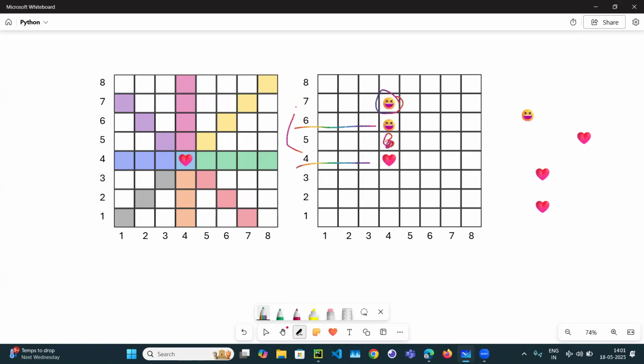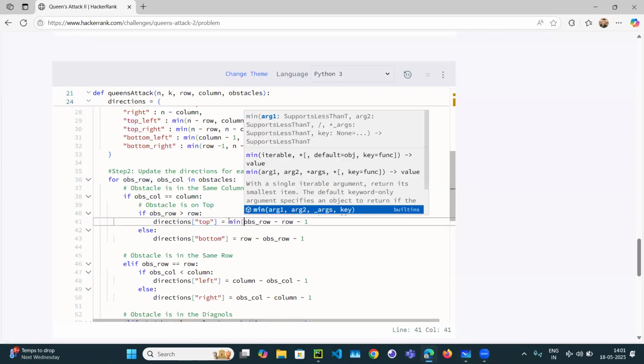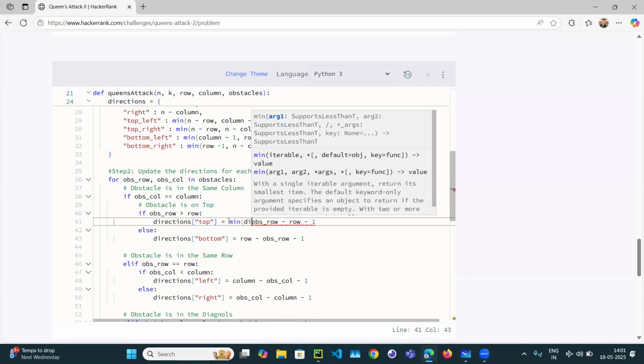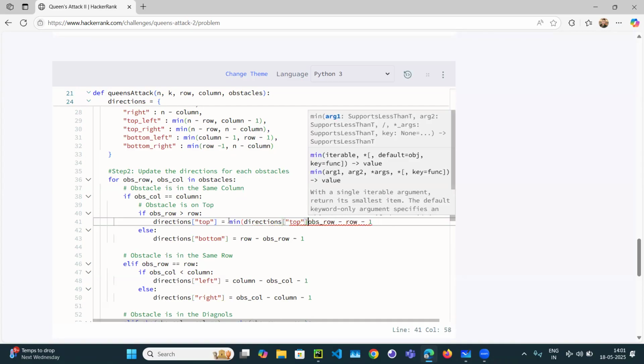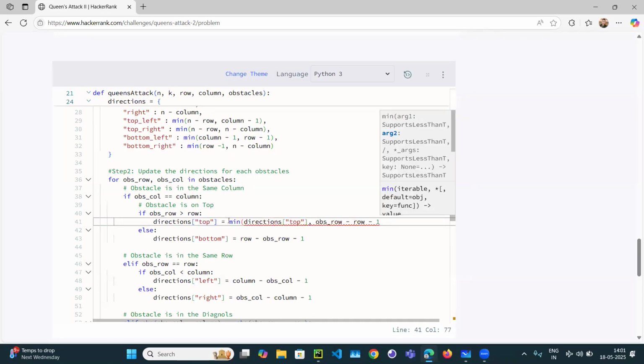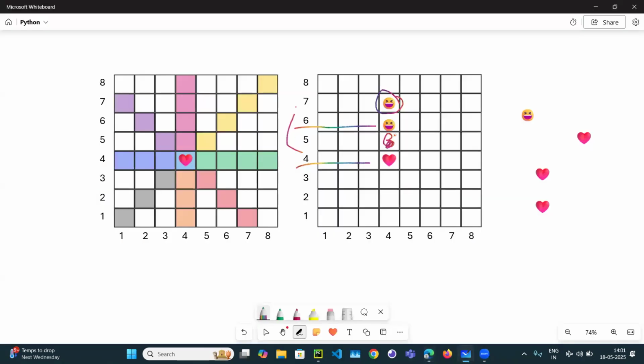So what you have to do is, before updating this variable, you check directions of top, whatever the previous value, and you have to take the minimum. When the obstacle is here, it's 1. When the obstacle is here, it's 2. But you have to take the minimum, because the actual is 1 only, right?